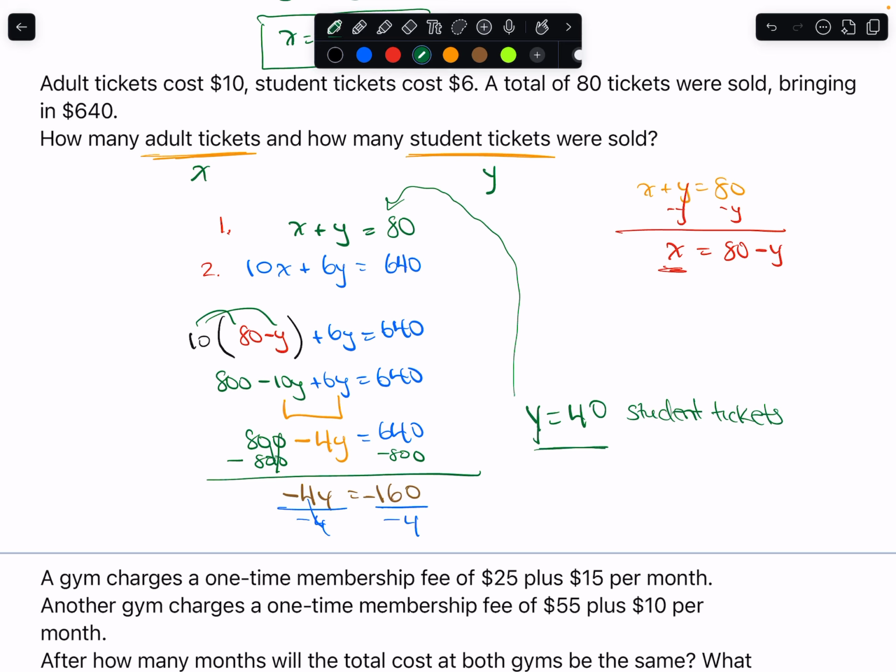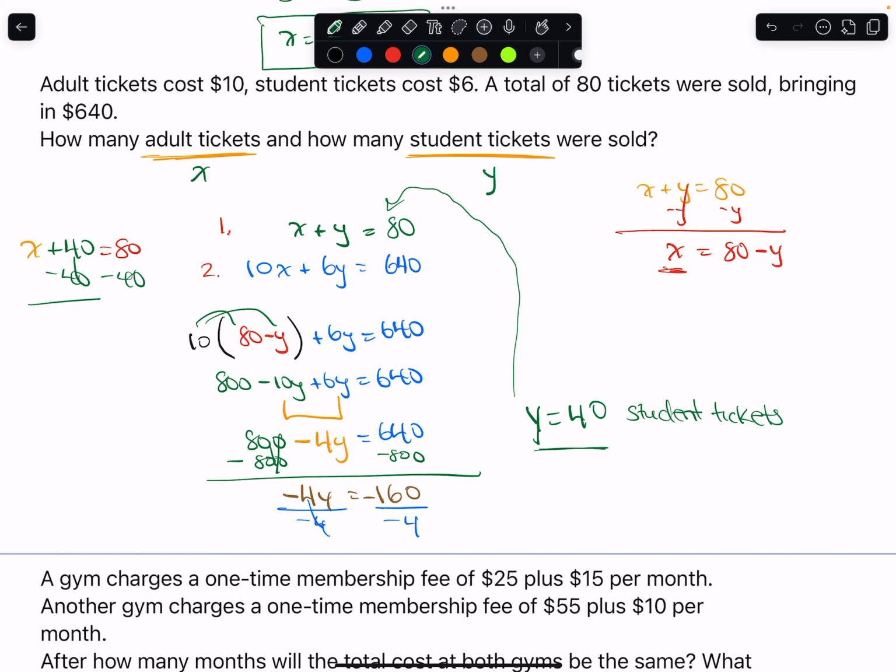So here I would have x, which we're trying to solve, plus the number of student tickets, 40, and we know altogether it equals 80 tickets. Subtract the 40 on both sides, and we know that x, or the number of adult tickets, is 40. So you have here 40 adult tickets and 40 student tickets. This is one way we can solve this question.